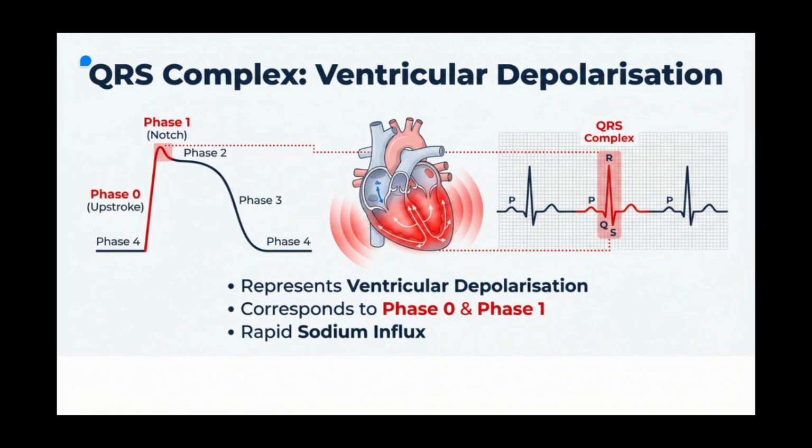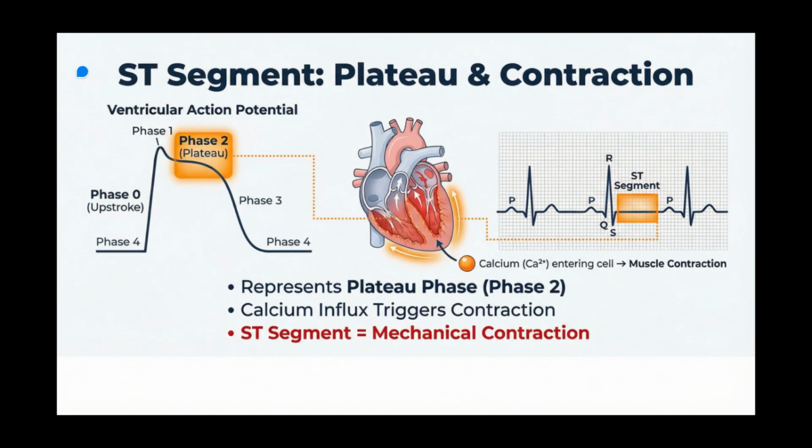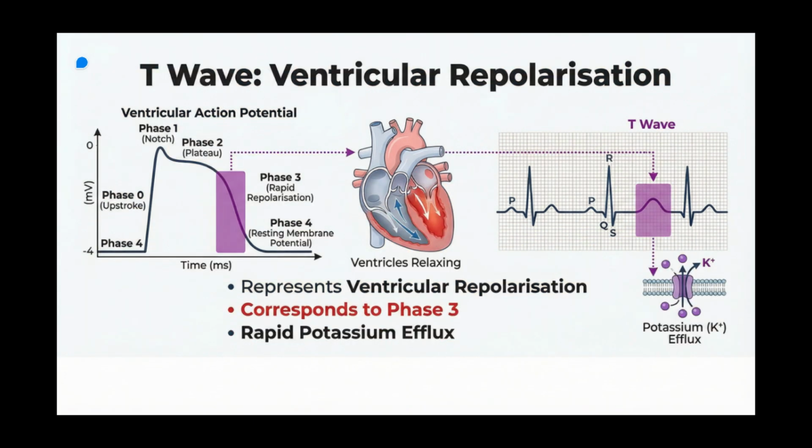QRS complex represents ventricular depolarization, corresponds mainly to phase 0 and phase 1. ST segment represents the plateau phase, corresponds to phase 2. This is when contraction is occurring. T wave represents ventricular repolarization, corresponds to phase 3.